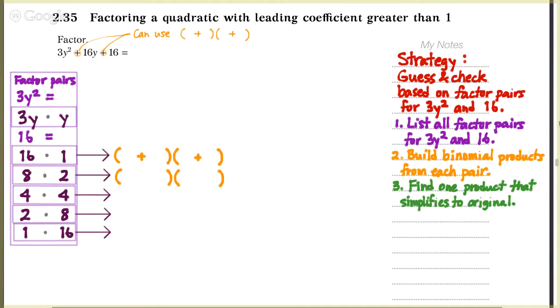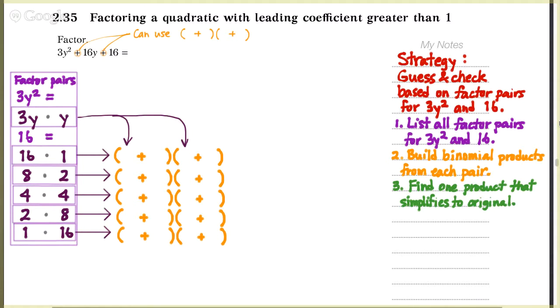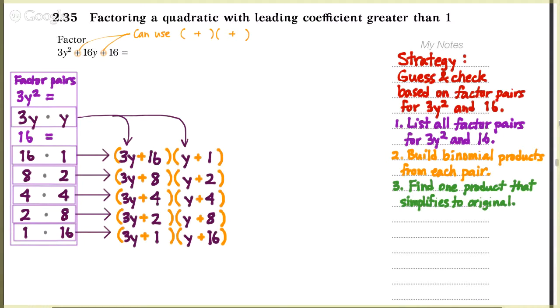For example, with the 16 times 1 factor pair, if I match those factors up as the second terms of the factors, using 3y and y as the first terms, that gives me a candidate factorization of 3y plus 16 times y plus 1. I'm going to do the same thing for all the other factor pairs. So we have 5 different possibilities for how this expression might be factorable. Now it's just a matter of checking to see which one of them actually works.